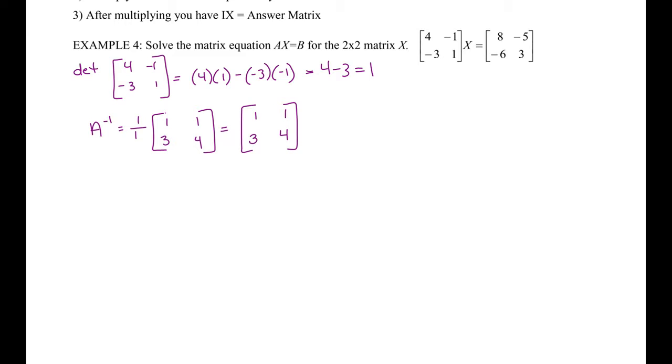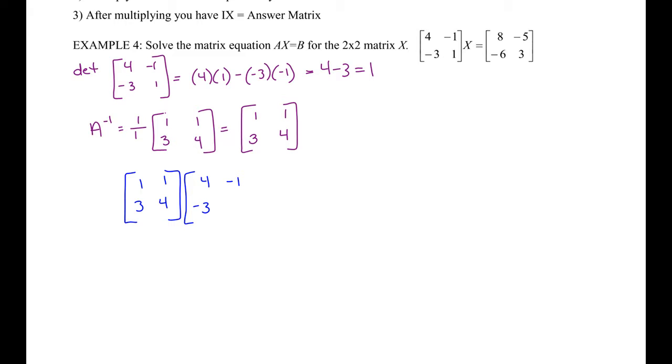Your next step was to multiply both sides of the equation by the inverse, making sure you put the inverse first. So I'll have 1, 1, 3, 4 times 4, negative 1, negative 3, 1.